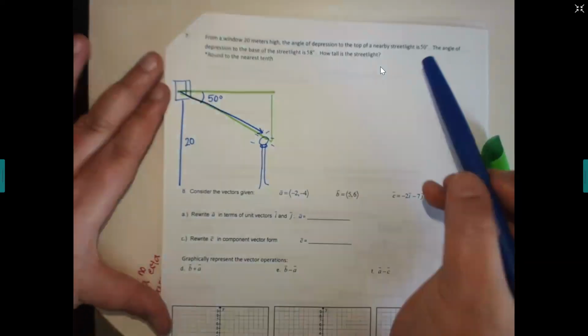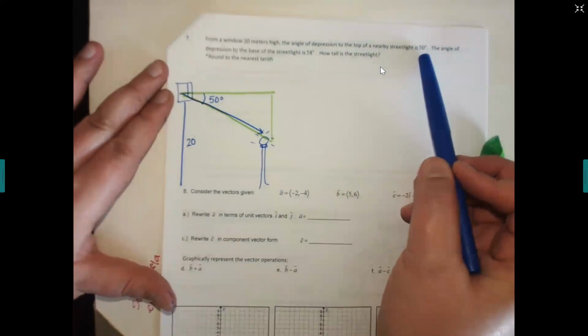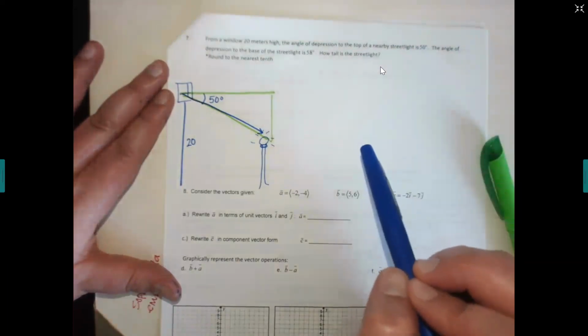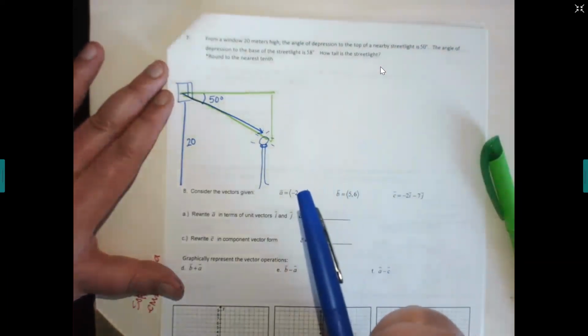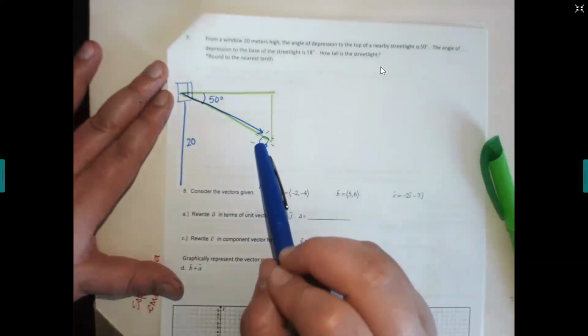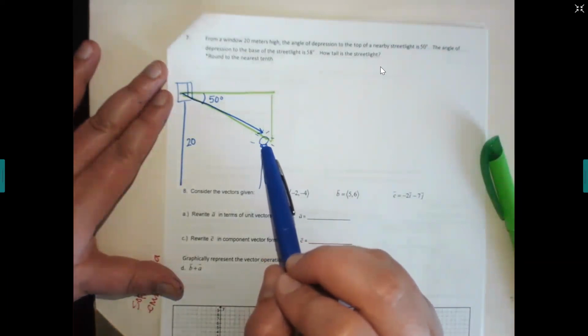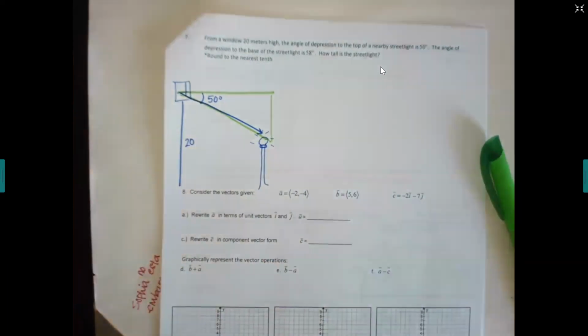So we have the angle of depression is 50 degrees. Then it says the angle of depression from the base of the street light is 58 degrees. And that should be from the base of the street light. Okay, got it.